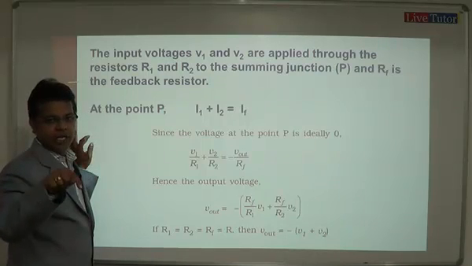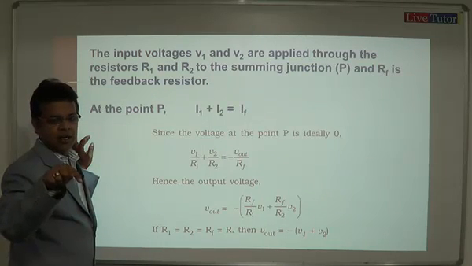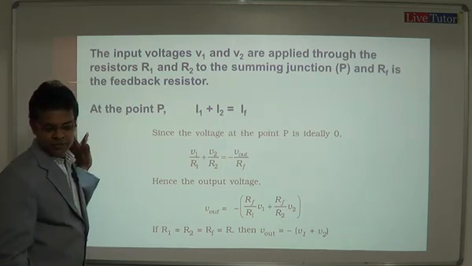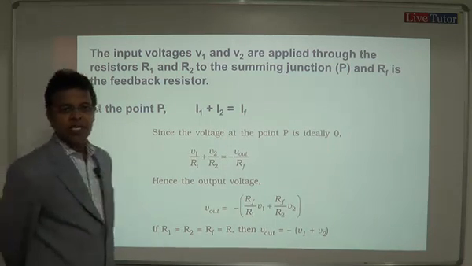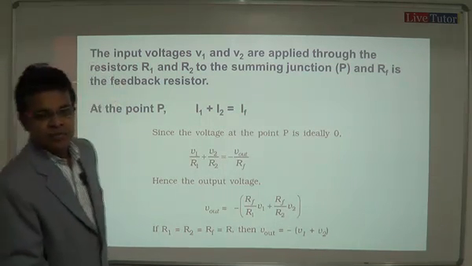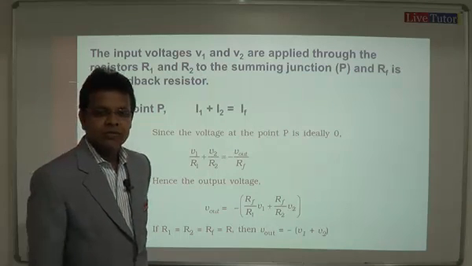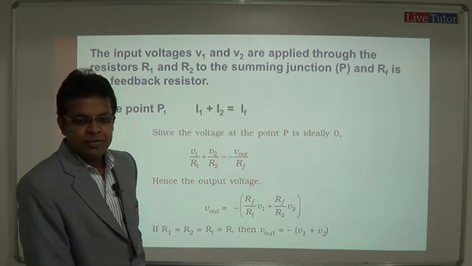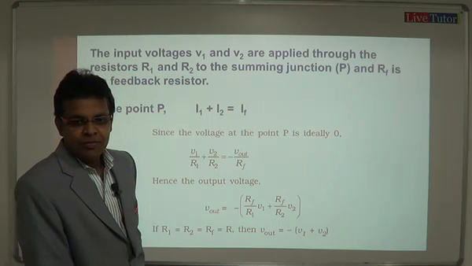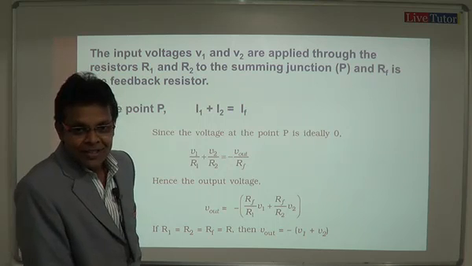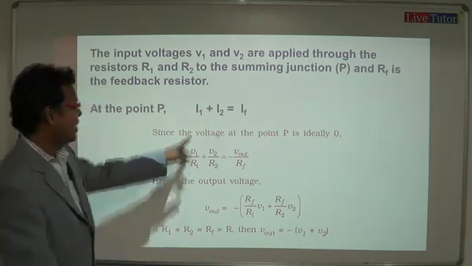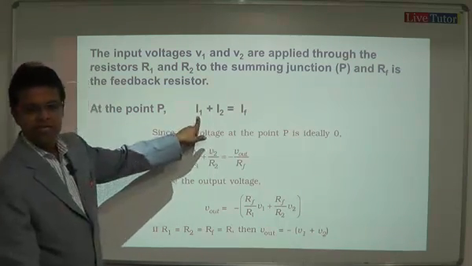The current meeting at the junction will be equal to the current leaving the junction. என்ன ரூல் தெரியுதா அது? யுவராஜ், என்ன ரூல் இது? சத்தமா சொல்லணும். இந்த ப்ரீவியஸ் டயக்ராம் பார்த்தோம் இல்லையா?